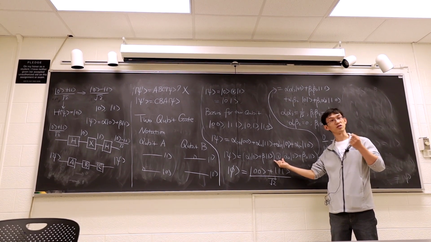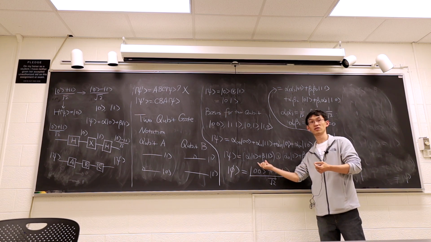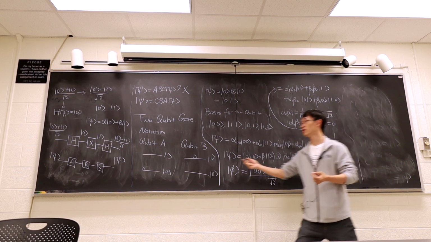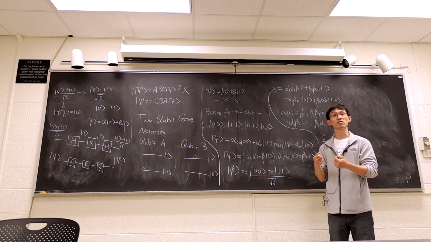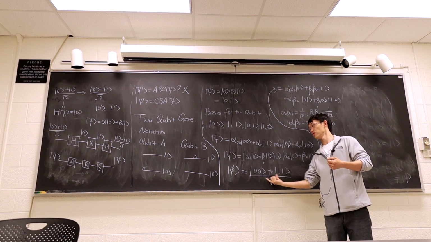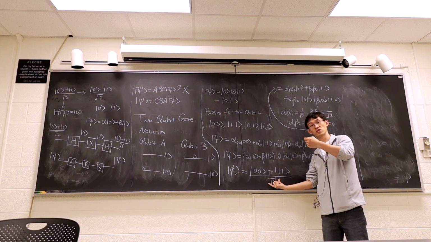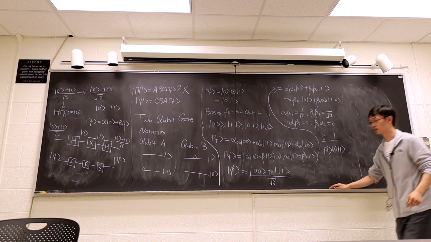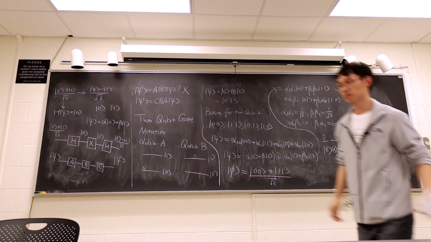So there's additional information in entanglement, which you are not able to get if you just measure each qubit individually. Even if you know what state qubit 1 is in and what state qubit 2 is in, you still don't know the state. The information is shared between qubit A and qubit B together. And if you don't understand, doesn't matter. We will come back to this later.